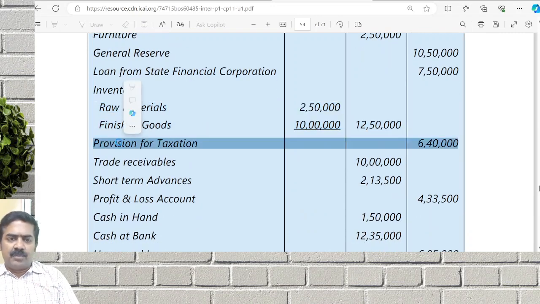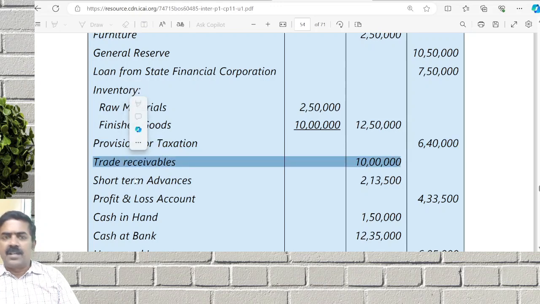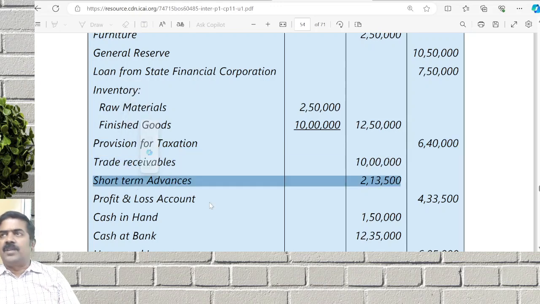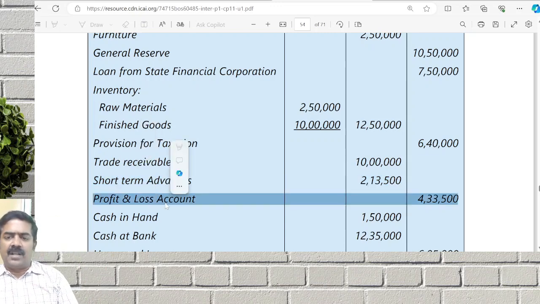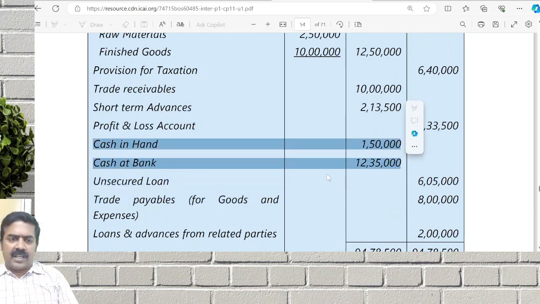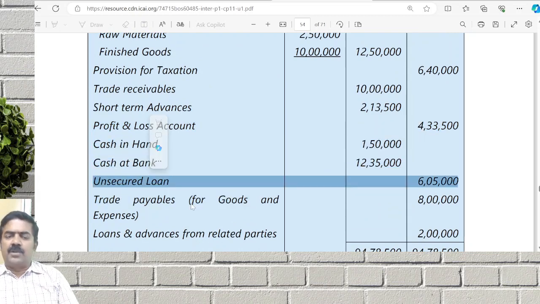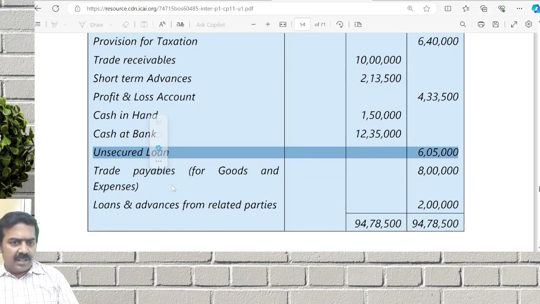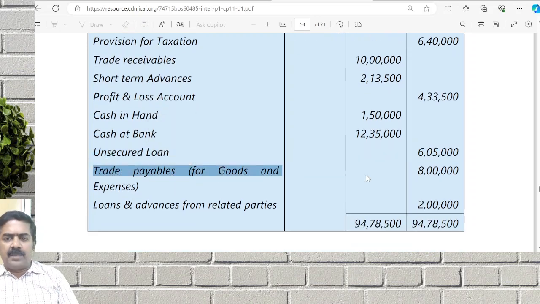Provision for tax, short-term provisions. Trade receivables, current assets. Short-term advances come under loans and advances in current assets. P&L account, reserves and surplus. Cash and bank balance, cash and cash equivalents. Unsecured loan will come under long-term borrowings. Trade payable is of course a current liability.